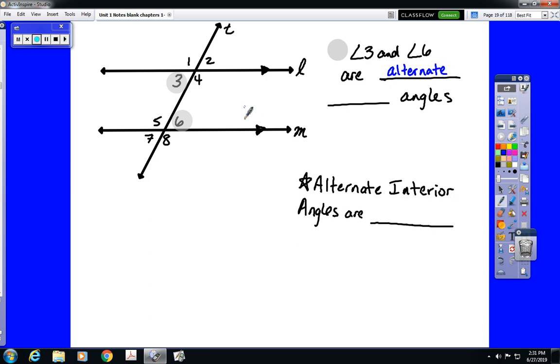And they're between the parallel lines, which makes them interior. So angles 3 and 6 are alternate interior angles. There's another set of alternate interior angles in this picture. That would be angles 4 and 5. Alternate interior angles also are congruent, meaning they are equal measures.